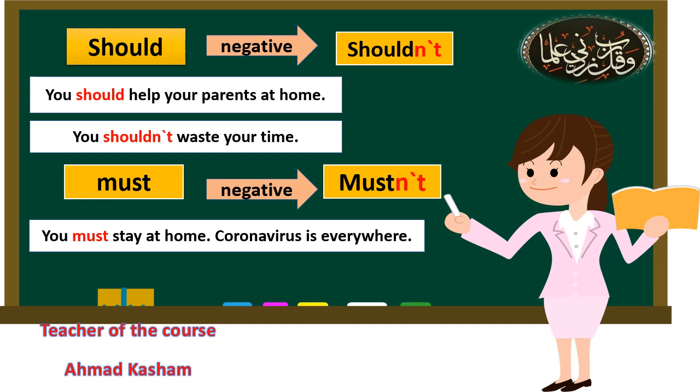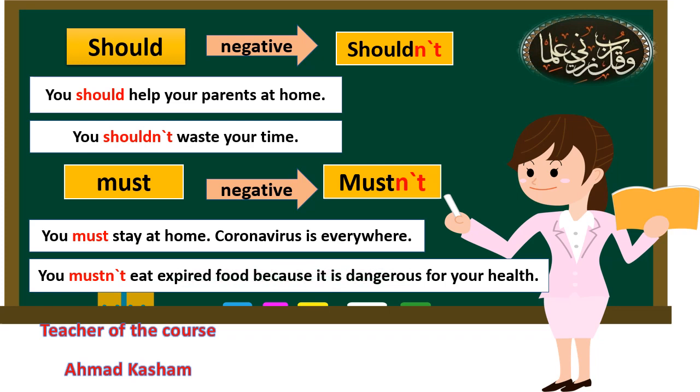You must stay at home. Coronavirus is everywhere. So, what do we have here? We have something necessary. ضروري. So, it's necessary to stay at home because it's dangerous to go out at this time.